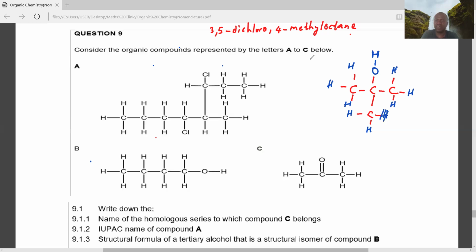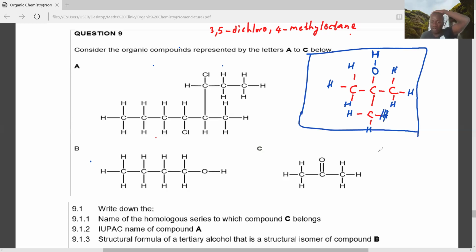Yes. So this is the structural formula of a tertiary alcohol that is a structural isomer of compound B. Why are we saying it's a tertiary alcohol? The carbon attached to the hydroxyl is bonded to 3 carbon atoms. So that's why it becomes a tertiary alcohol. I believe you guys are following.